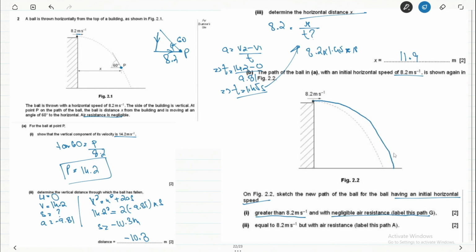You can make the triangle as well if you want, to see how this affects the overall resultant velocity, but I'm just going to do this qualitatively right now. Equal to 8.2 meter per second, but with air resistance, the horizontal component of velocity decreases. So it would be something like this.